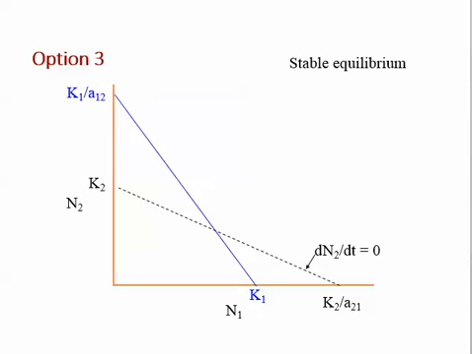Okay, so the third condition that is of interest is what happens when you have these isoclines that intersect. Just for completeness and thoroughness, we will once again add these vectors suggesting that when you're above or below both of the zero net growth isoclines, populations either both increase or both decrease, resulting in changes in that joint abundance.